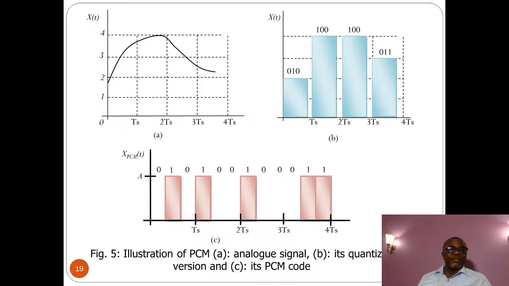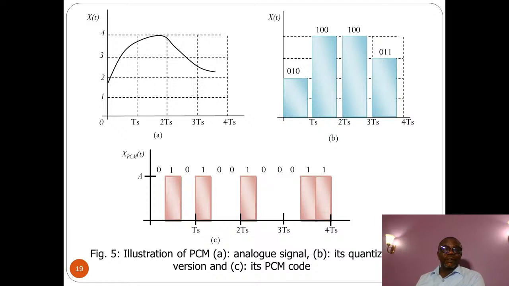At the starting point 0, we are looking at Fig. A, the signal is almost at 2, or closer to 2 than 1. So the quantizer sees it as 2.